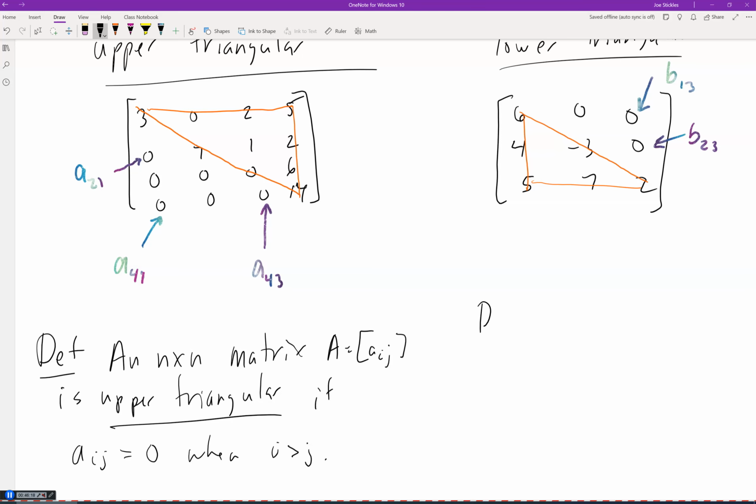Good. So for this one, we would just reverse. Basically, you're going to write the exact same definition, just change upper to lower, and this greater than to the less than.